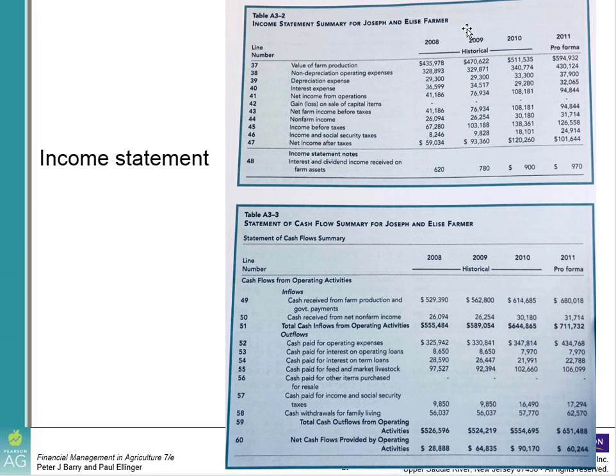If I'm looking to find the average farm assets for the accounting period ending 2010, I'm going to look at 2009 and then 2010, take the sum and divide it by 2, and that is what the average is going to be.